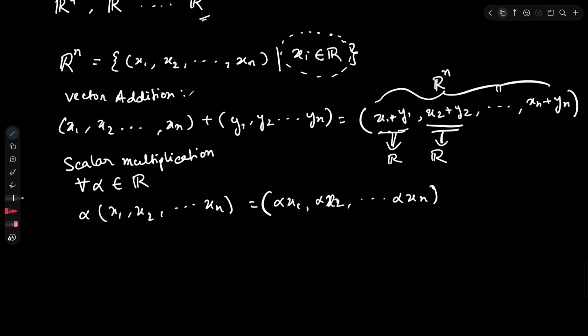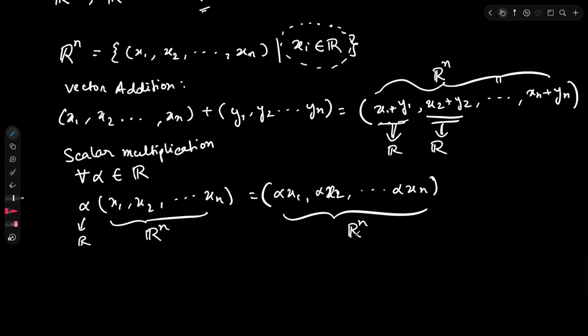So vector addition is successful, Rn plus Rn gives you Rn. Similarly, for scalar multiplication, suppose the scalar belongs to R, and this full thing belongs to Rn. So R cross Rn, you are still getting an Rn. So that is the vector space Rn.